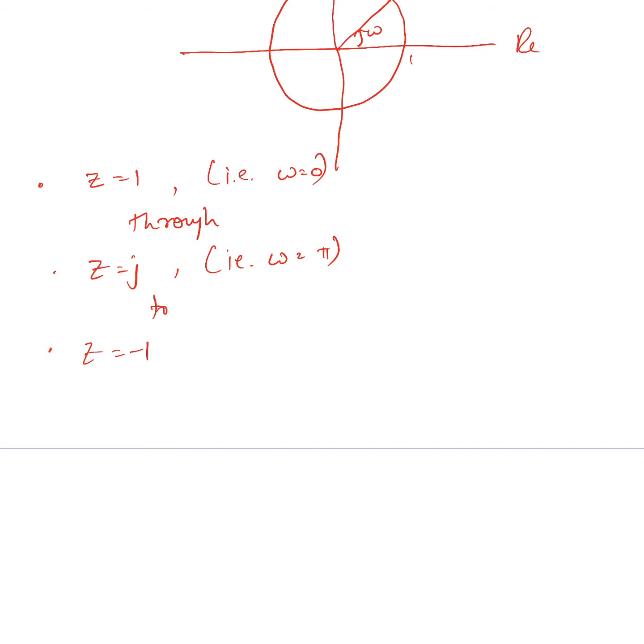So I'm making the rotation from 1 to minus 1 going through z equal to j. In this way we can obtain the Fourier transform for omega varying between 0 to pi.